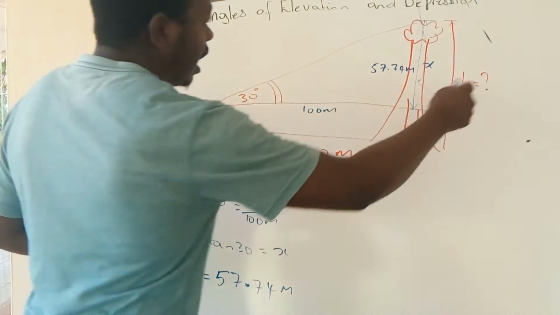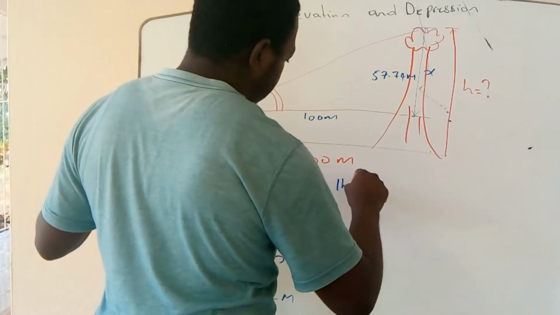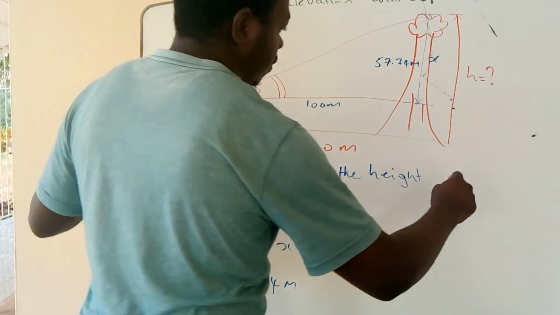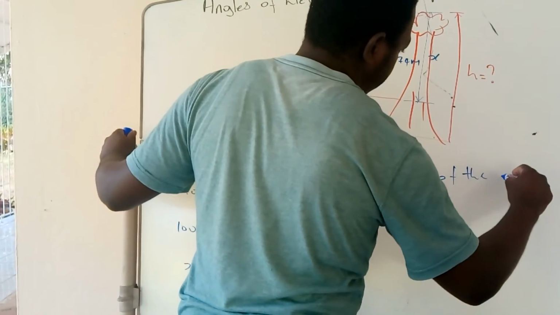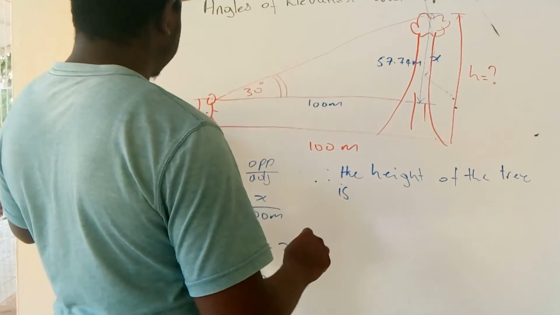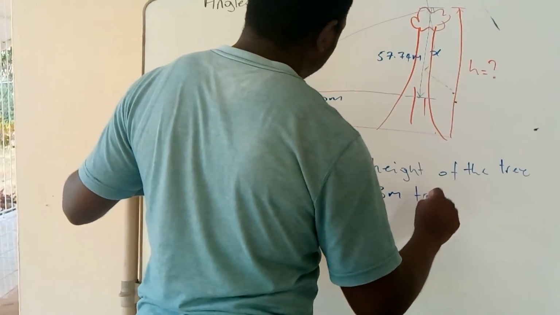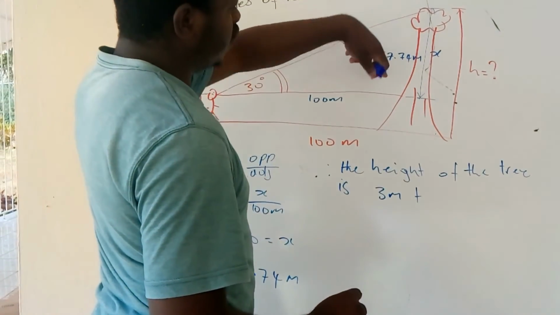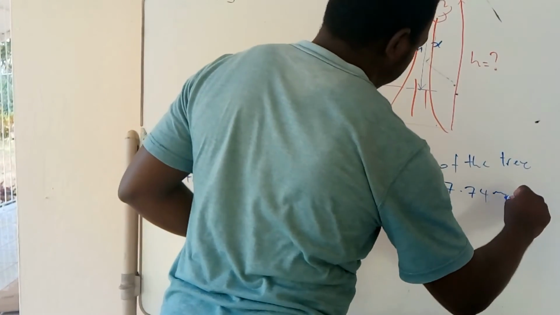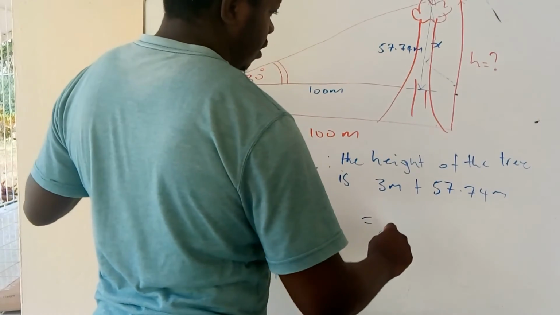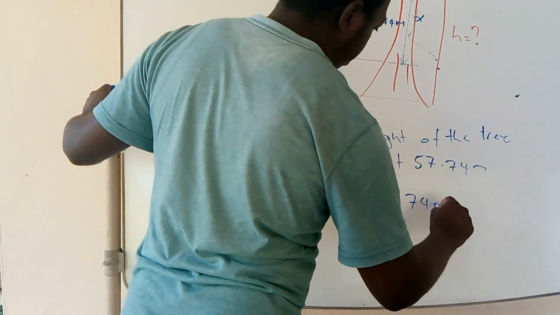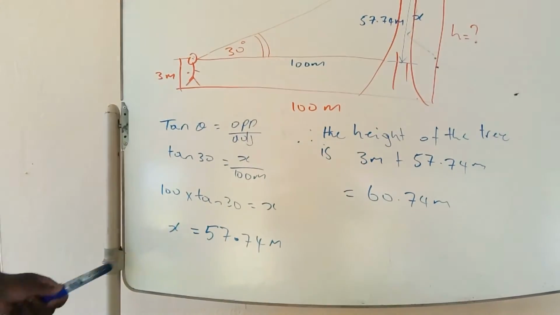So therefore, the height of the tree is the height of the person, which is 3 meters, plus the height that you just calculated midway up the tree, which is 57.74 meters. 57.74 plus 3 is 60.74 meters. So that would be the height of the tree there.